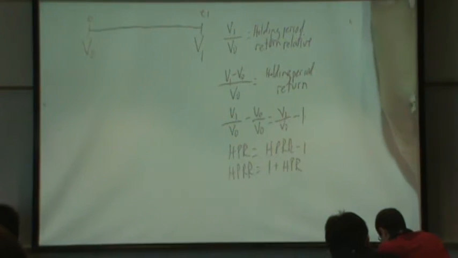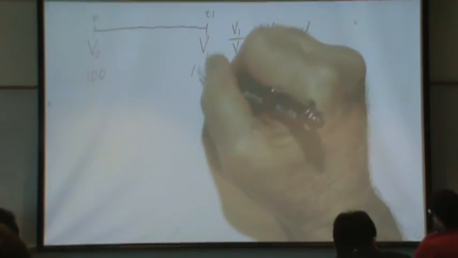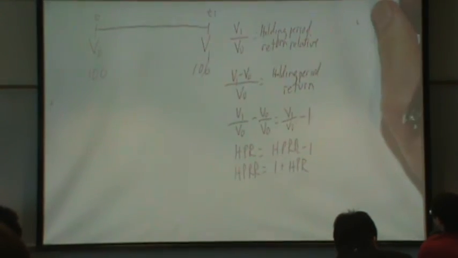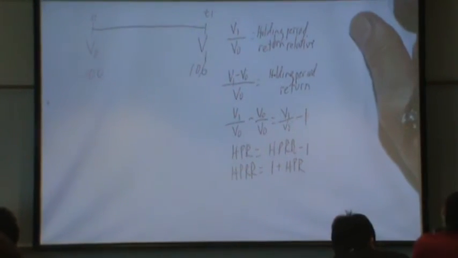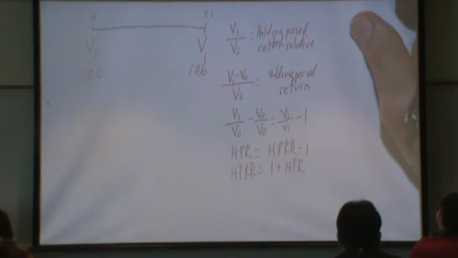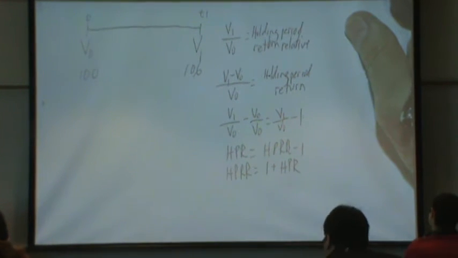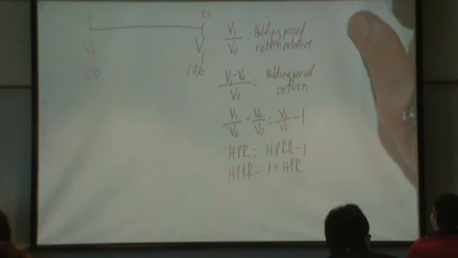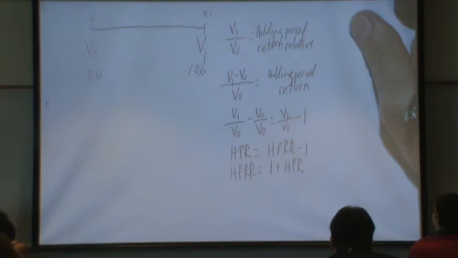So if you start with $100 and you end with 106, your holding period return relative is 1.06, 106 divided by 100. Your holding period return would be 106 minus 100, that's 6, divided by 100, 6%.